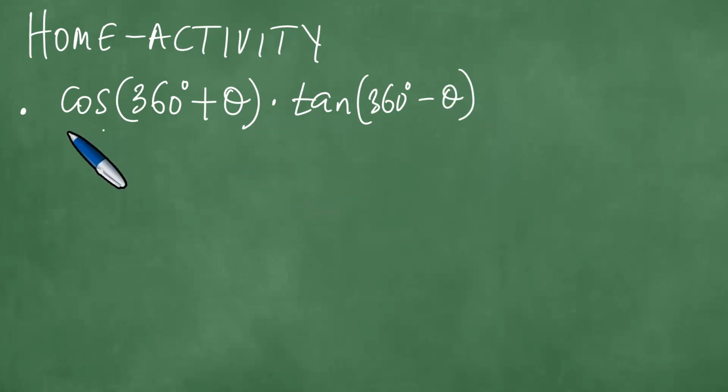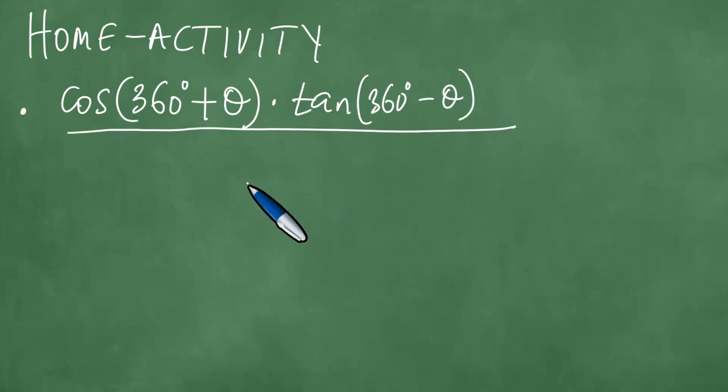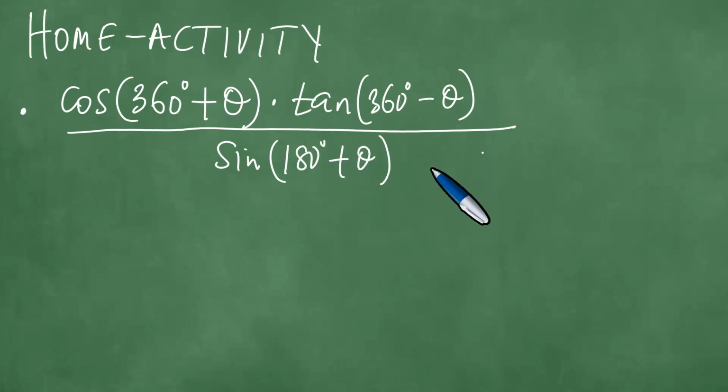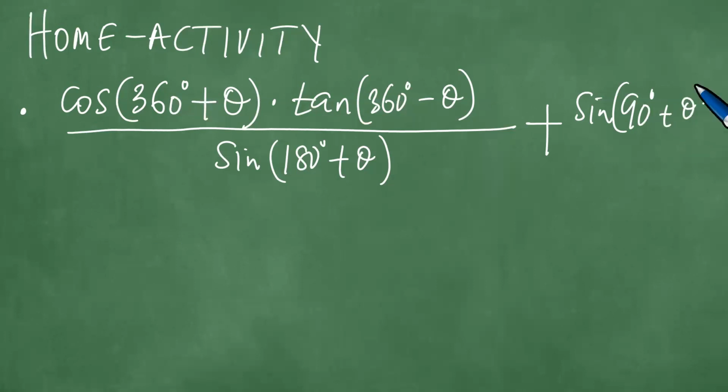So you divide by the sine of 180 degrees plus theta, plus the sine of 90 degrees plus theta, divided by the cosine.